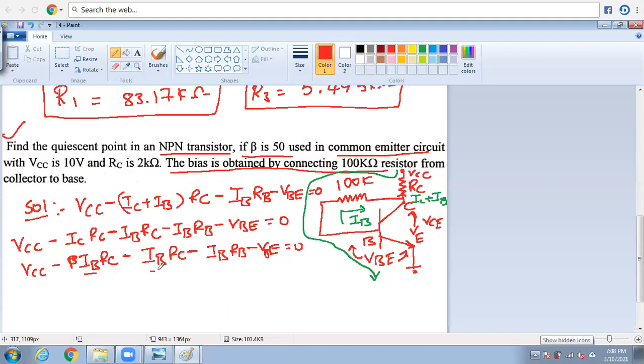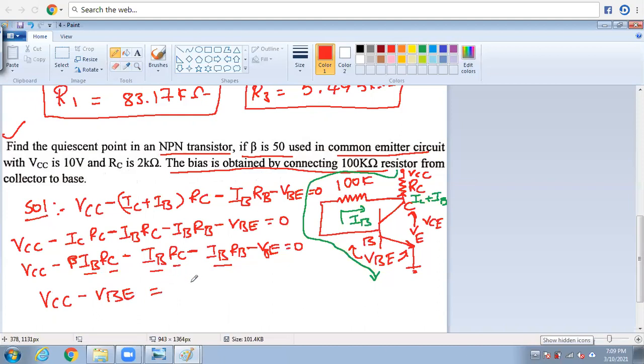Here, in all the places IB is common. First RC is also common. First you have to take, here I will do a small part, VCC minus VBE. I will do it in parallel.